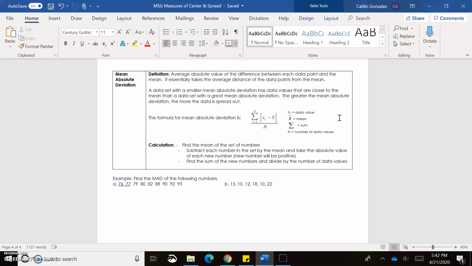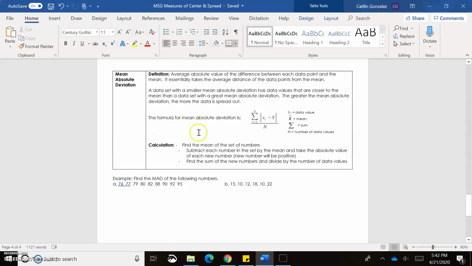So basically what we're doing is we're looking at how far each data point falls from the mean of the data, and then we're averaging those distances together. So a data set with a smaller mean absolute deviation has data values that are closer to the mean than a data set with a greater mean absolute deviation. The greater the mean absolute deviation, the more the data is spread out.